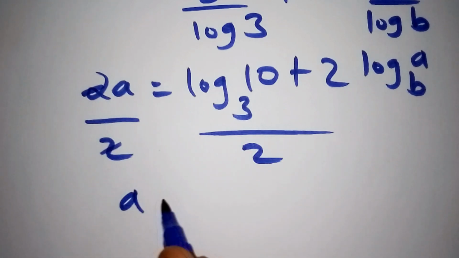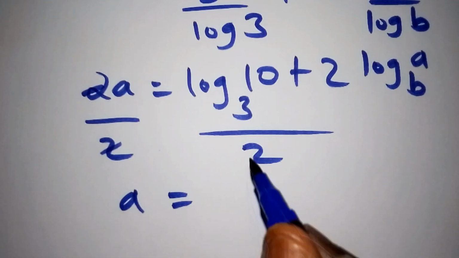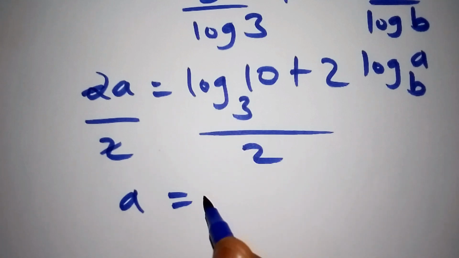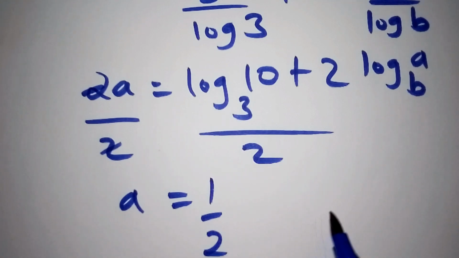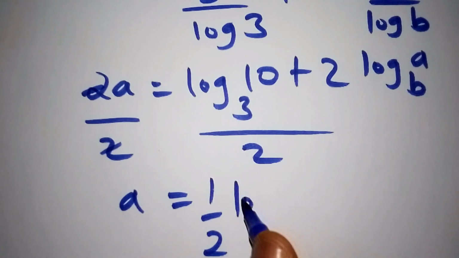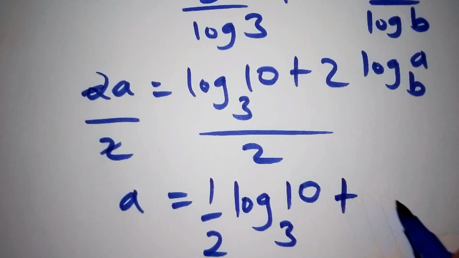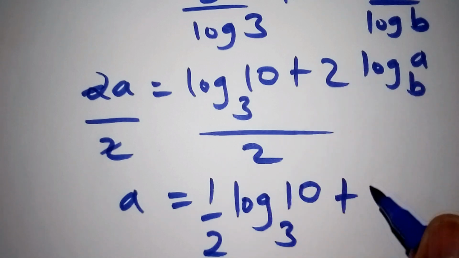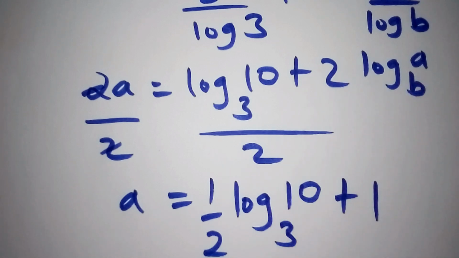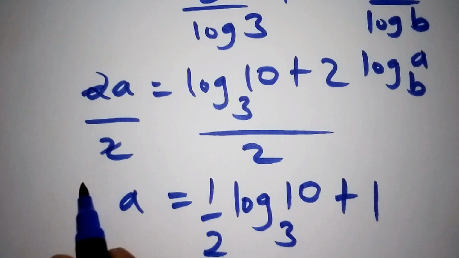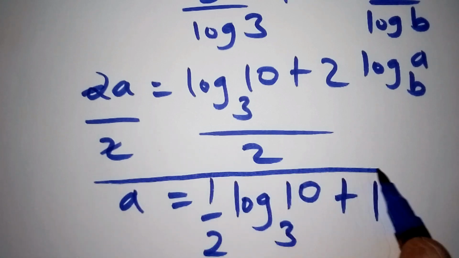So our value for a is equal to a half the log of 10 to the base of 3, plus, as 2 and 2 cancel, 1. Finally, this is our value for a.